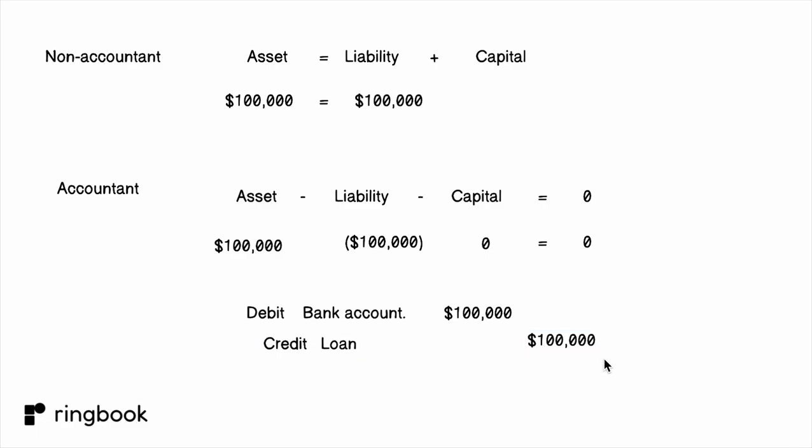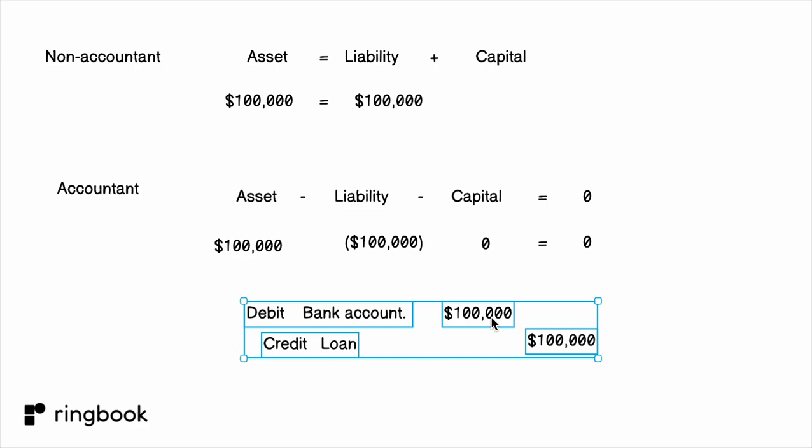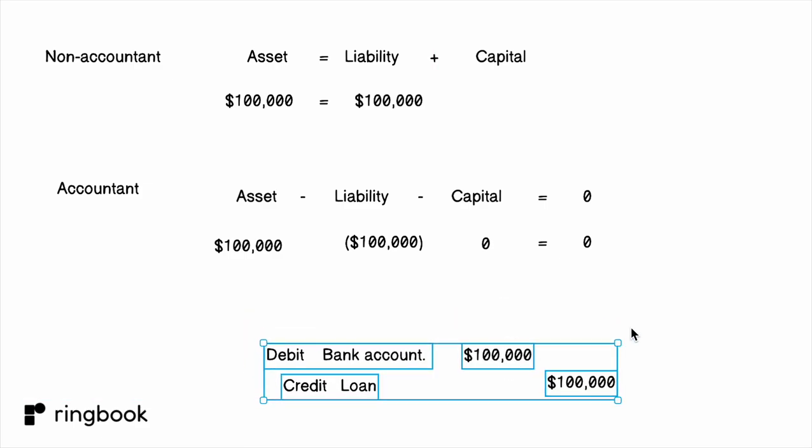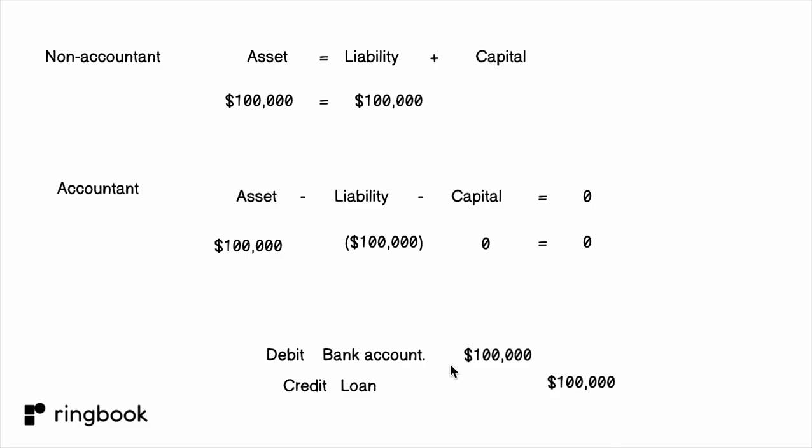So in that case, this would net to 0. And this would be the double entry accounting that we need to do for that initial borrowing from the bank to start the business. So this will be a double entry accounting that we do.